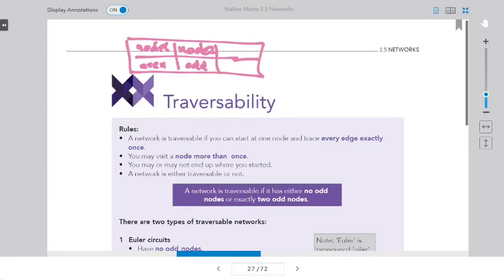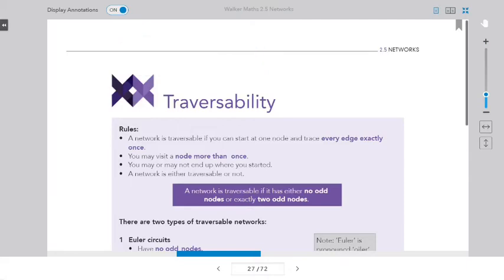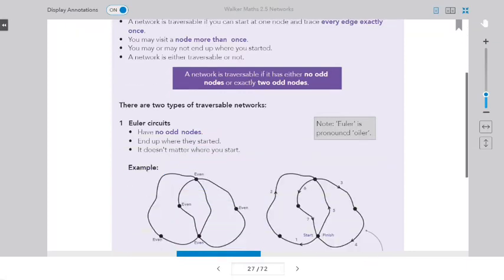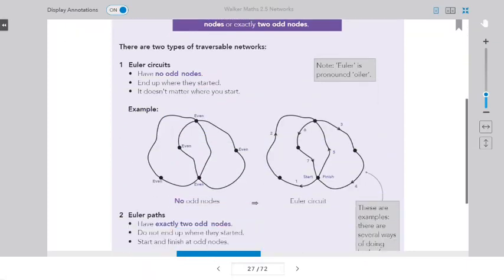What we're going to do is use a mathematical pattern called either an Euler circuit or an Euler path. There you see the name. It's named after a famous mathematician, and it's pronounced Euler, even though it looks like Euler. There are two things you need to know.